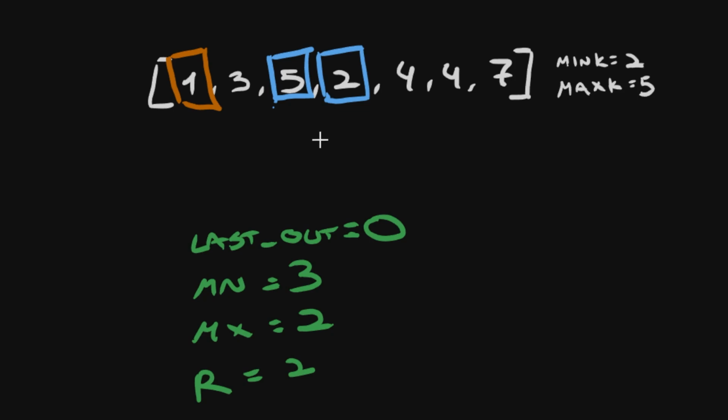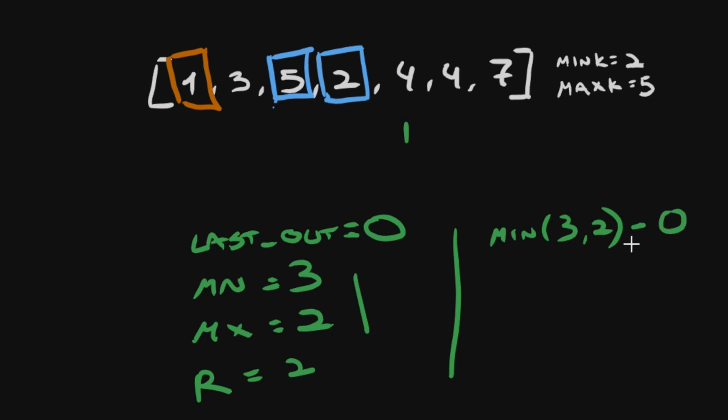Now remember, we are iterating this array, so right now we are here at index 4 and we are checking the same as before. We want to take the minimum among these two values, 3 and 2, and subtract the last time we saw a value that was out of bounds, in this case 0. And the result for this is 2, so we add this to our result.